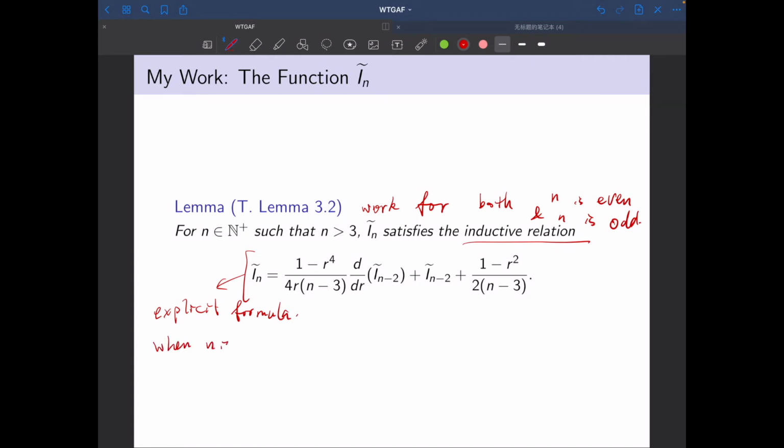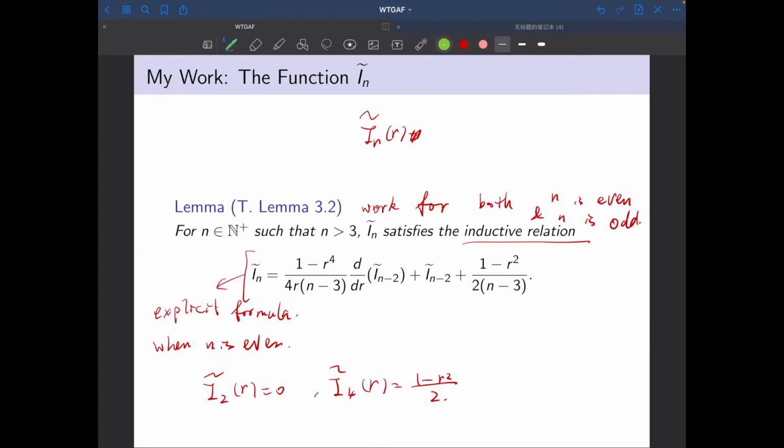The case when n is even is easier, because I_2 of r is actually 0, and I_4 of r is actually 1 minus r squared over 2. Since I_n tilde is radially symmetric, I sometimes think of it as a function that only depends on r.